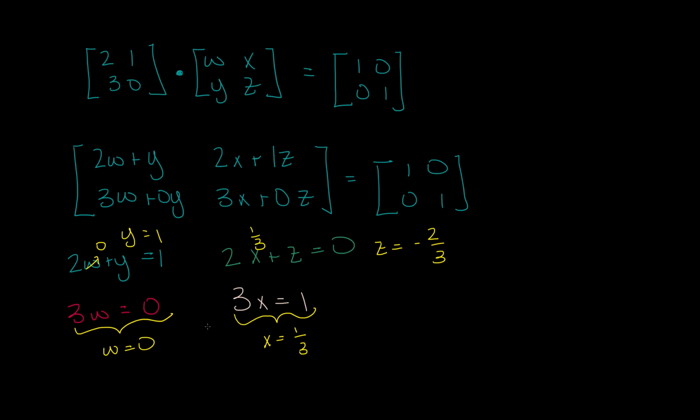Now I could rewrite this as a matrix. My matrix W, X, Y, Z is going to be equal to 0, 1/3, 1, and -2/3. All right, so there we go. We have all the pieces.